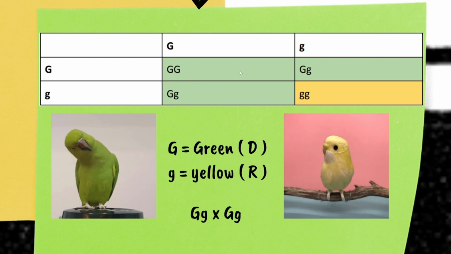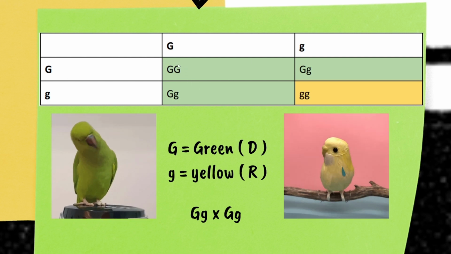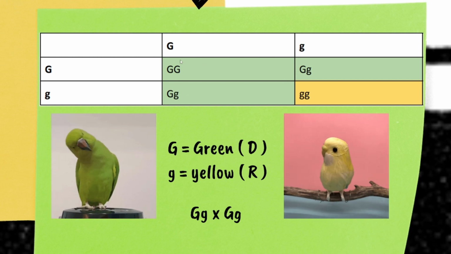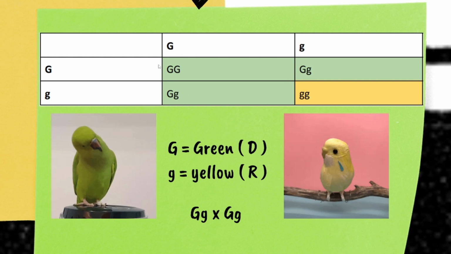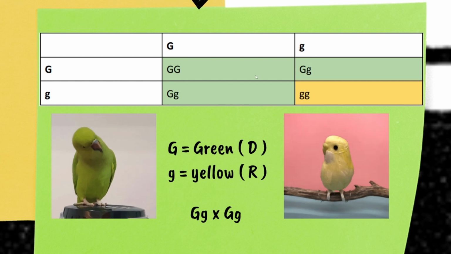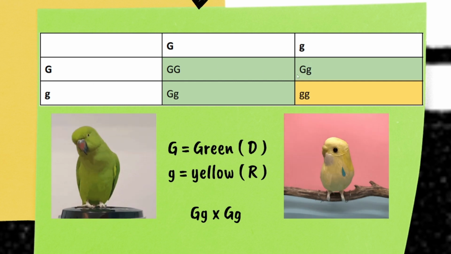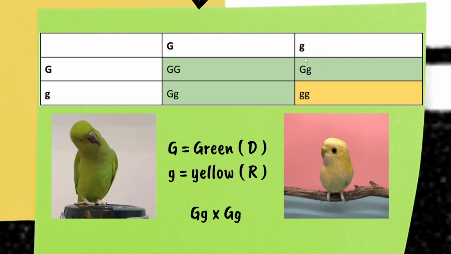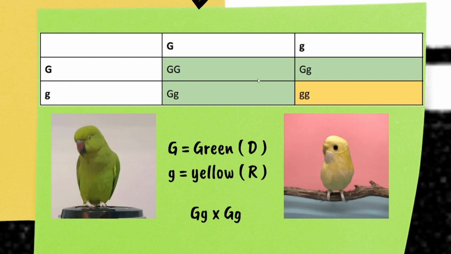Sorry, not the small g, capital G capital G. So two capital G's here. Here, capital G and a small g. So we always write the capital one first, I told you before. So this is a heterozygous organism being formed, so a genotype being formed, a capital G and a small g.